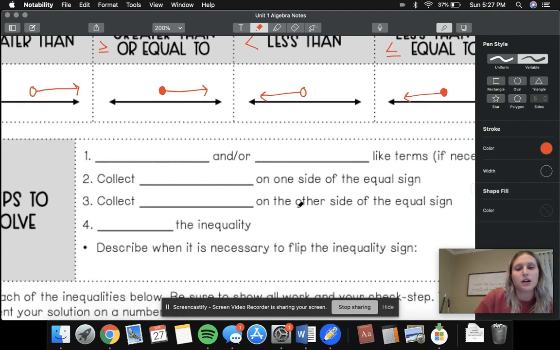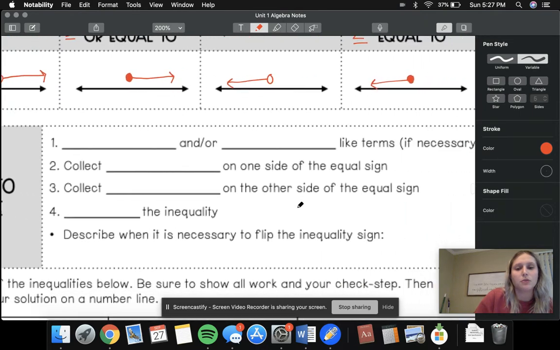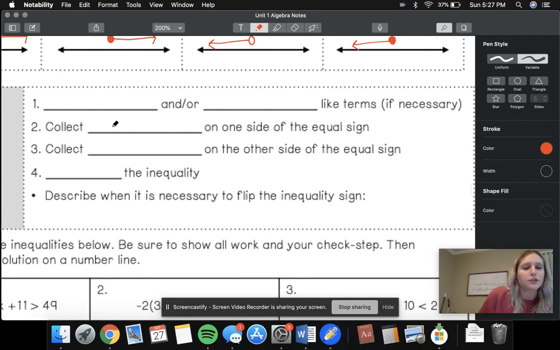All right, so here are the steps to solve a multi-step inequality. First, if there is any distribution, we will distribute. And if there is any combining like terms, then we will also do that. Then if we have variables on both sides, we will need to move it onto one side.